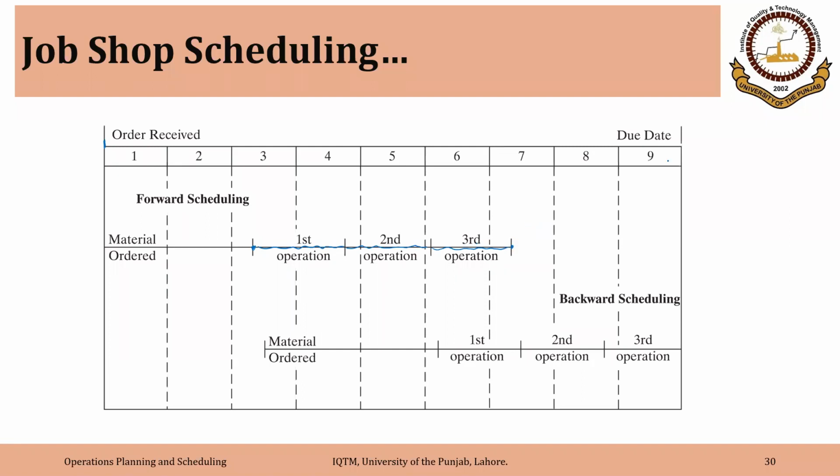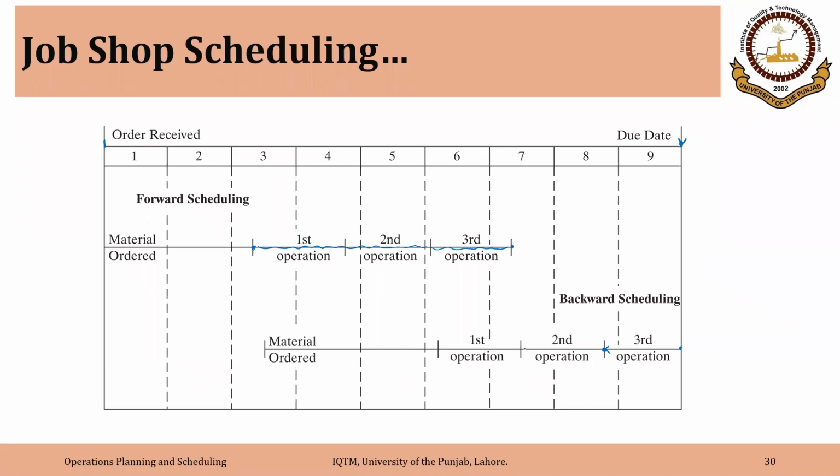In the case of backward scheduling, you could see that this is the due date when we have to deliver the order. First we plan the last operation, that is the third operation, and we see the end date for that, and we schedule back. The start date of operation 3 is actually the ending date of operation 2.